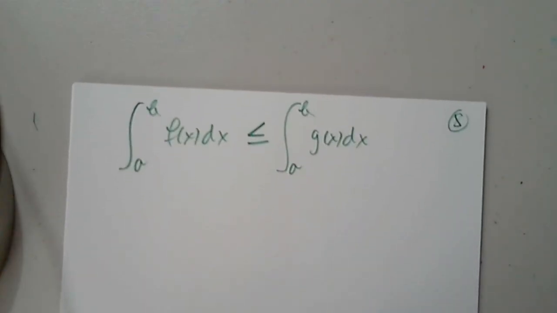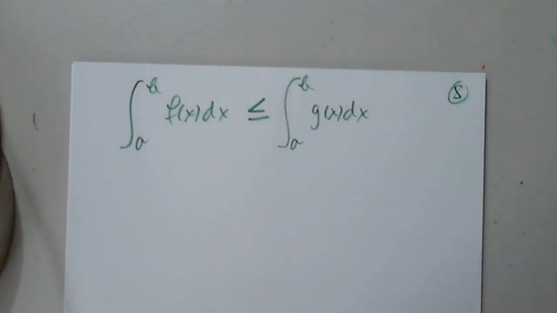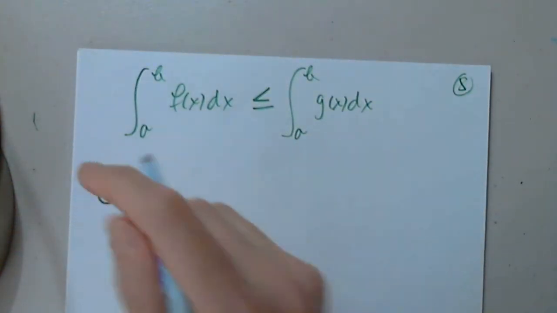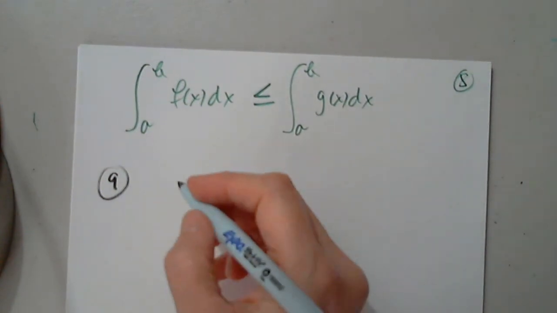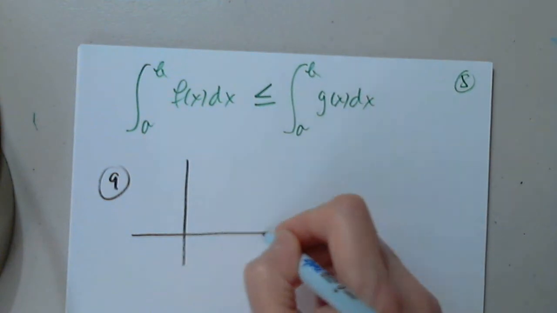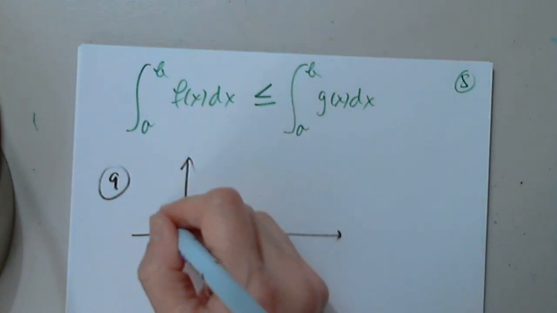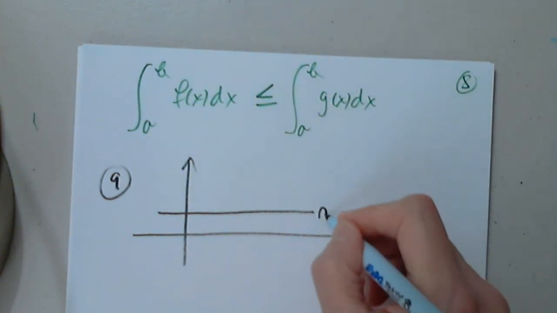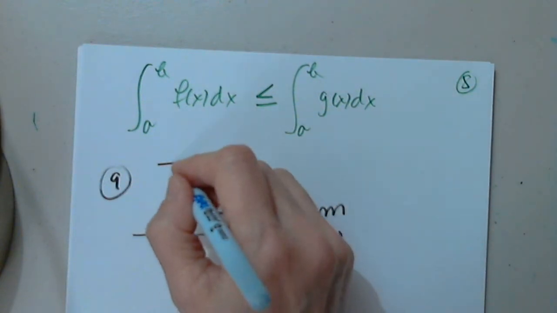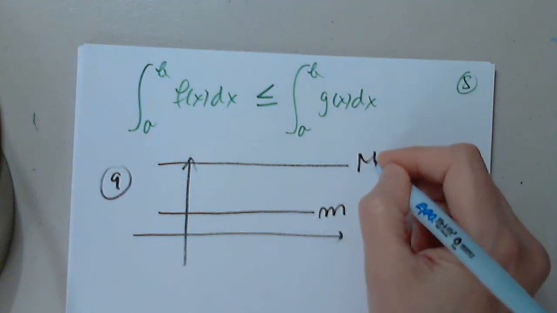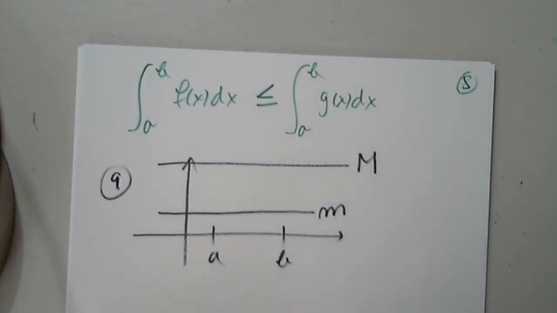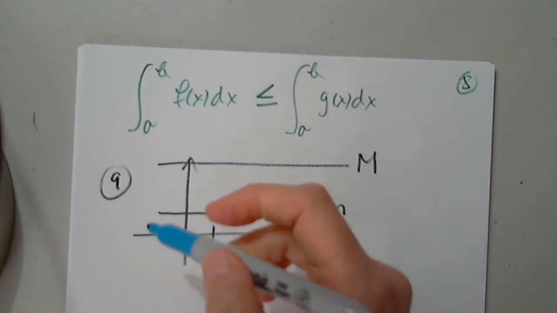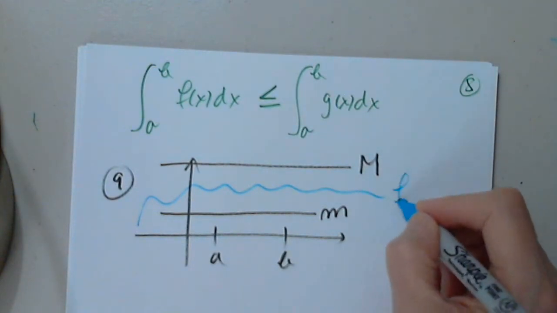Last property. Let's take a look at another scenario. I'm on 9. So let's say we have a constant, lowercase m, another constant, uppercase M, of course a and b. And let's say here is our graph f of x.